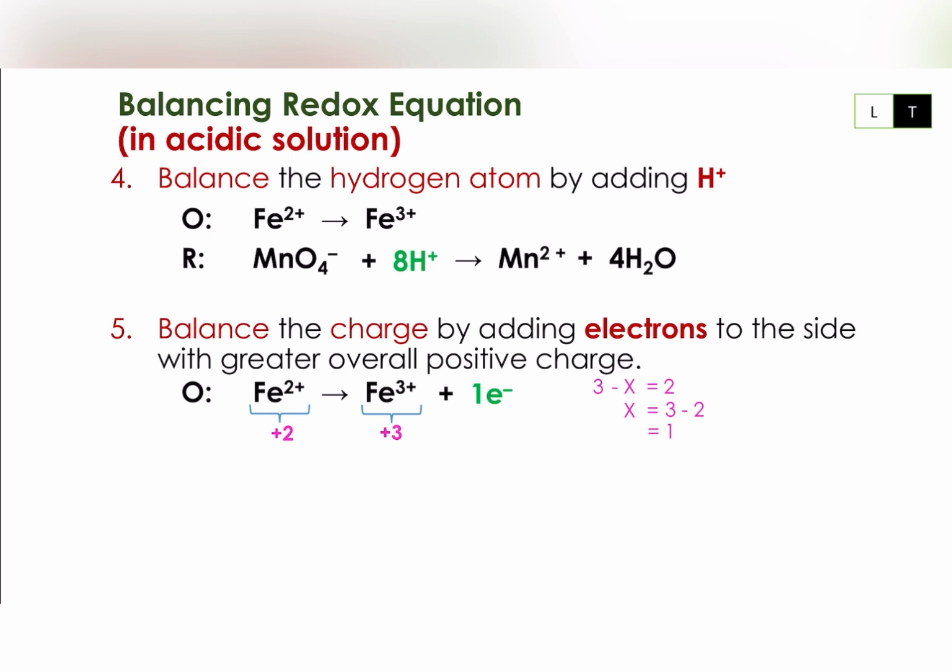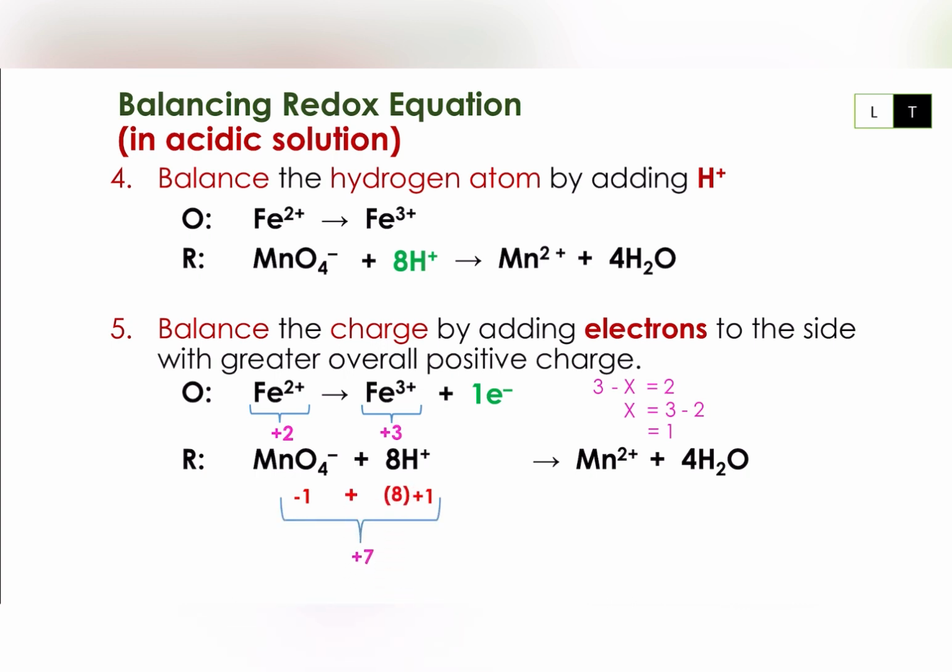It's a bit longer for this part, but we have to do it one by one. So I have MnO4-, the charge is negative 1. And for 8H+, you have to bring 8 here times the charge of hydrogen, positive 1. Adding up all of them, you will have positive 7 as your total charge at the left side.